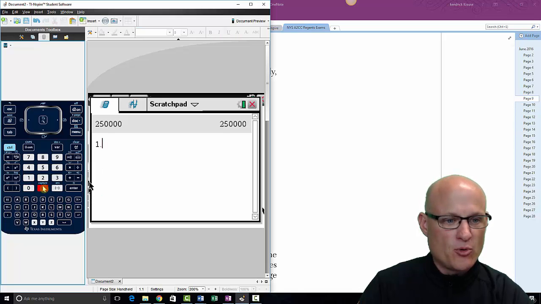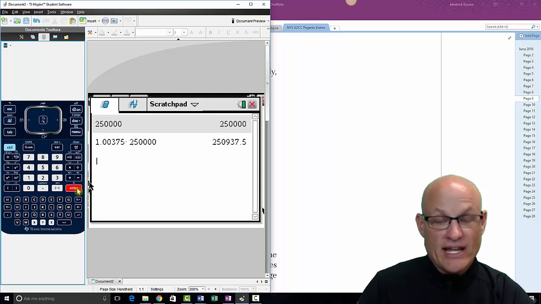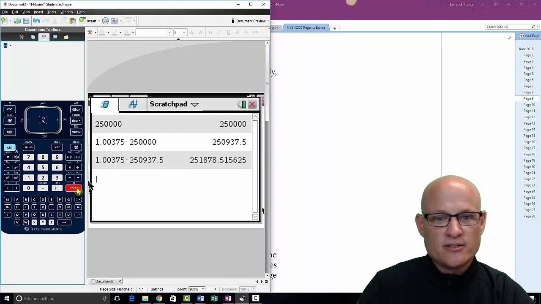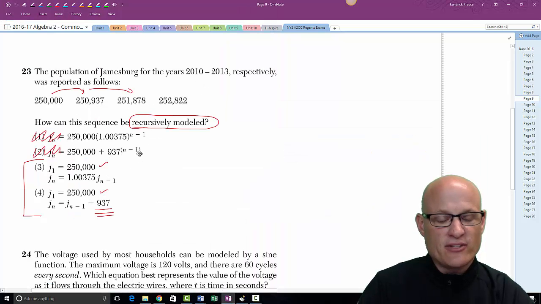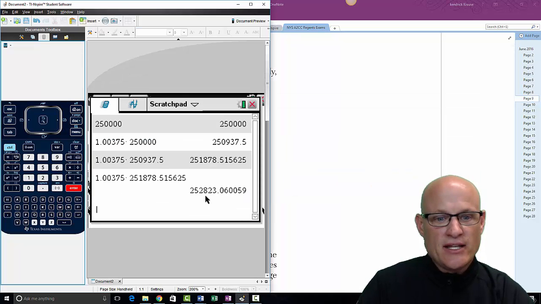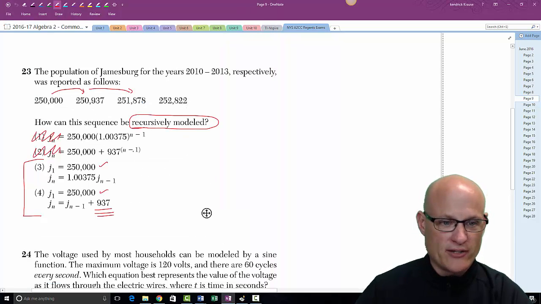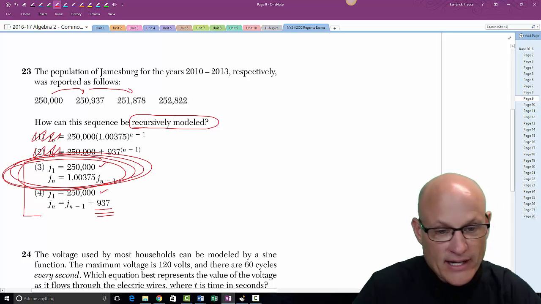So 1.00375 times the answer. Oh, that's still 937. Enter. That's 78. There's 78. There's 23. There's 22. This one's closer, and this is your right answer. That's your right answer for that one.